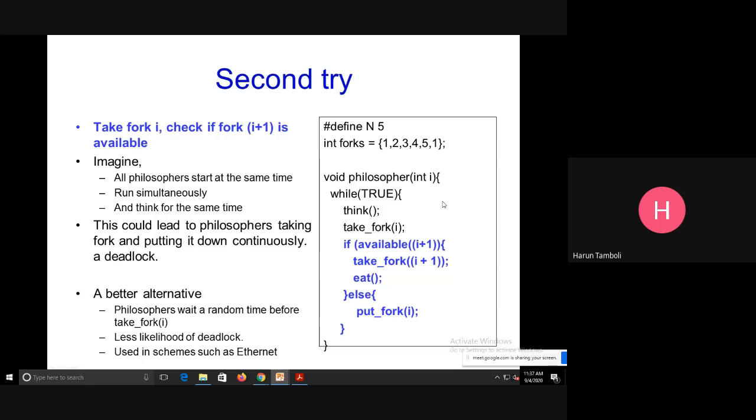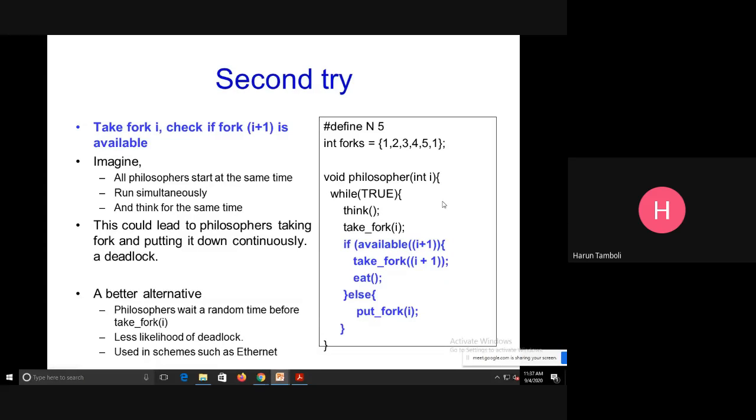So to solve this, the better alternative is that the philosopher should wait for a random amount of time before taking the right chopstick, that is, before calling the function take_fork of i. Resolution: the philosopher should wait for a random amount of time. Now this random time is not the same for all philosophers.